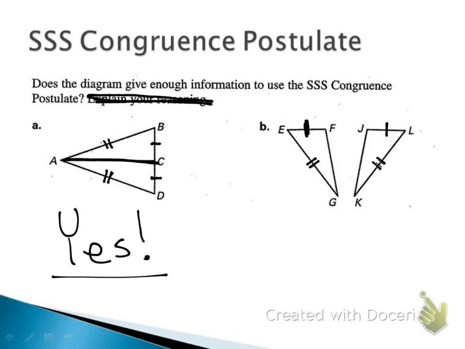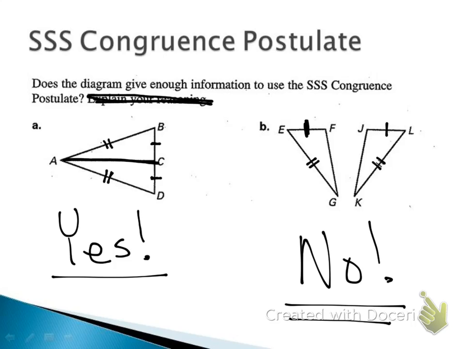Is there any indication that they are congruent? Do you see anything that labels them as congruent? They look congruent, but do I know for sure? No. There's nothing that leads me to believe that these two are congruent. So this one is a no. I know that two sides are congruent, but you need all three in order to use the side, side, side.